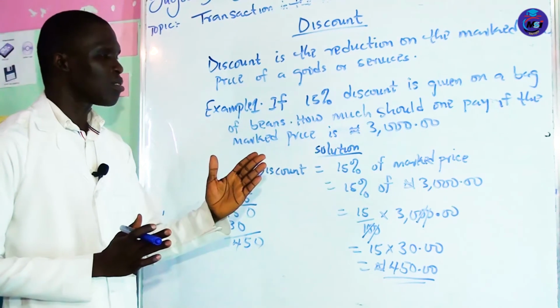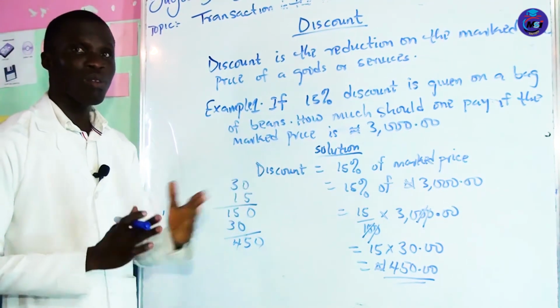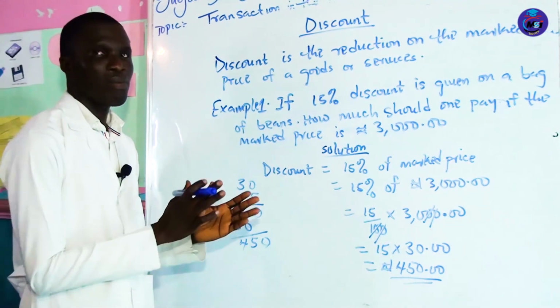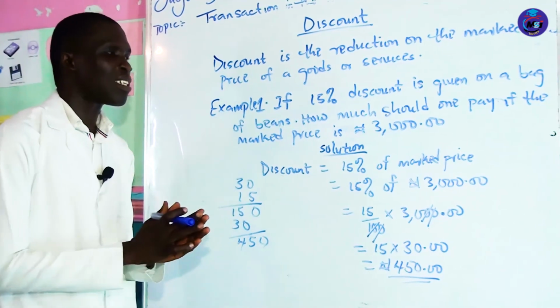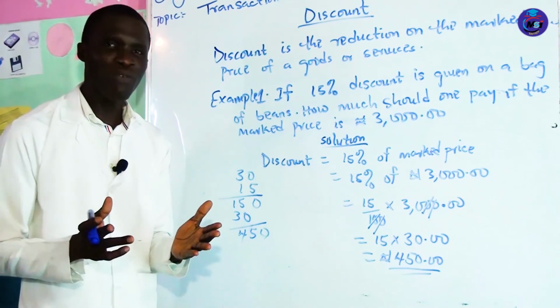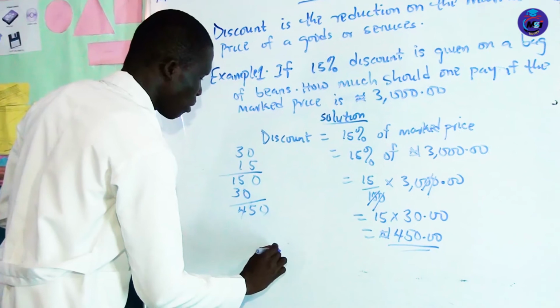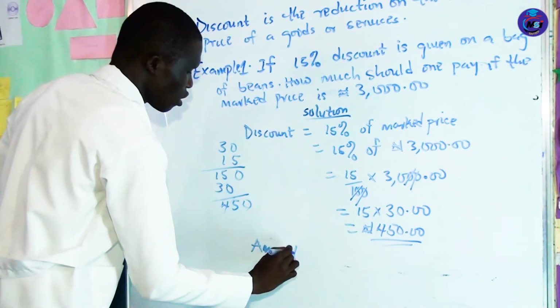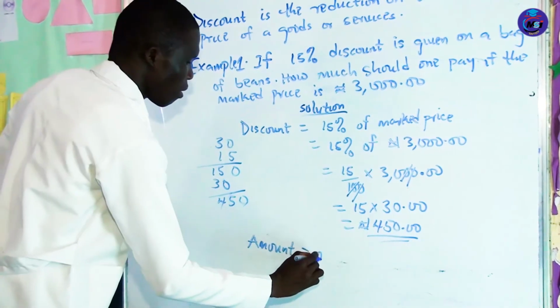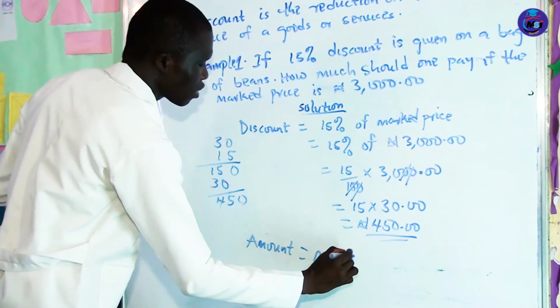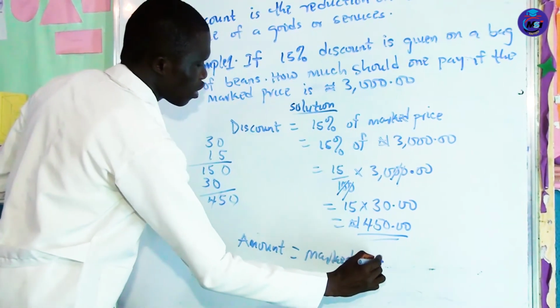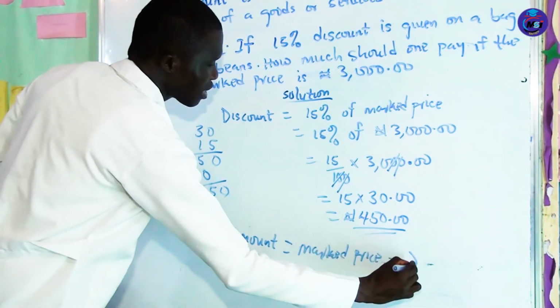we can also find the amount that the buyer is going to pay. And how can we find that? Amount equals mark price minus discount.